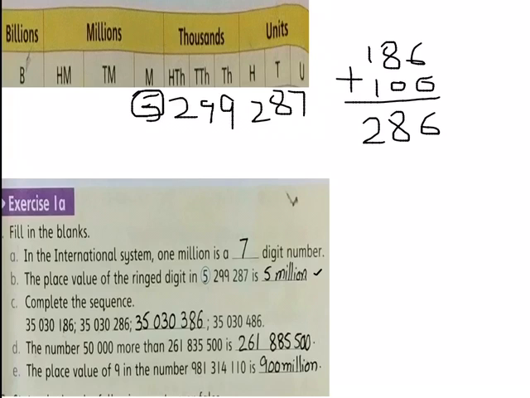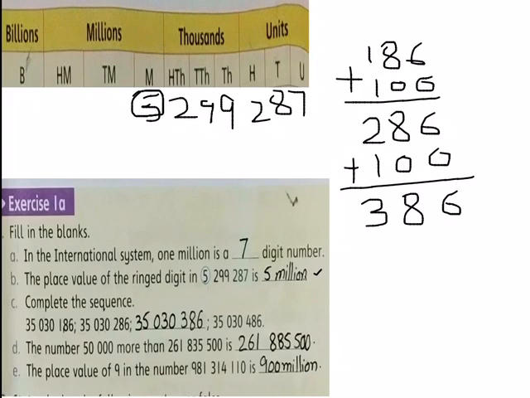Now we will add 100 to 286. 6 plus 0 is equal to 6, 8 plus 0 is equal to 8, 2 plus 1 is equal to 3. So the answer will be 35,030,386.